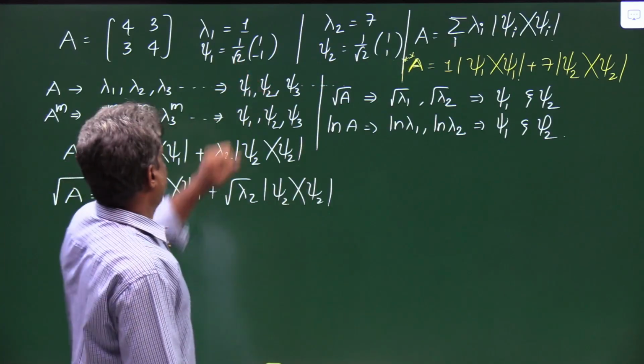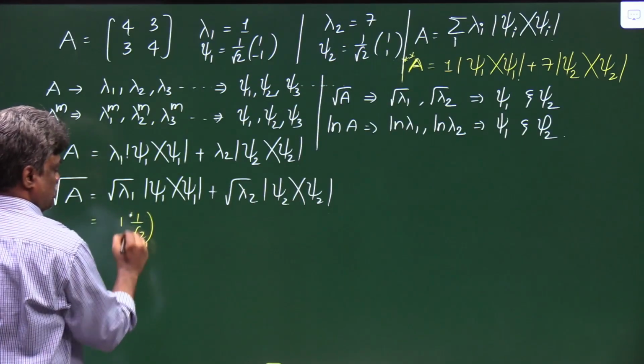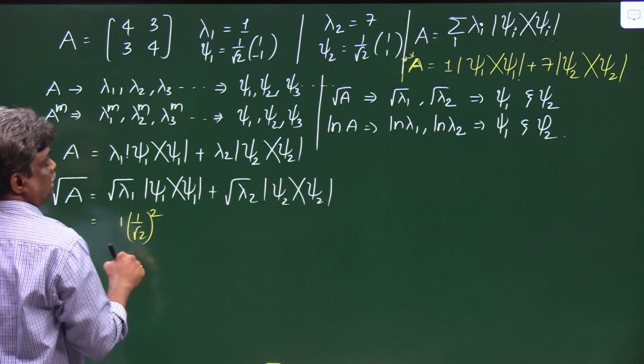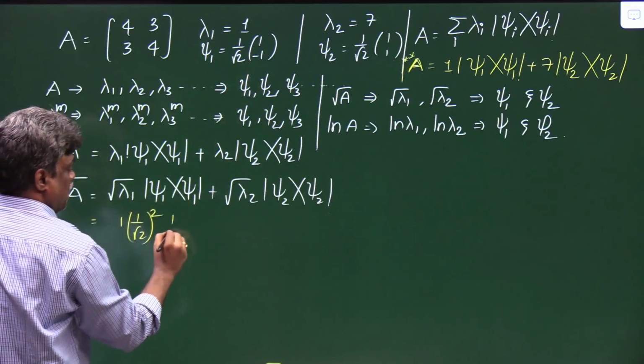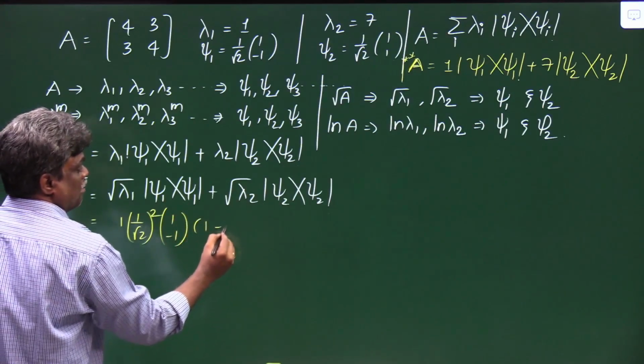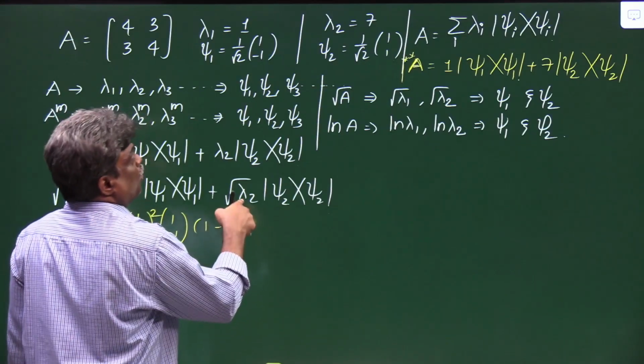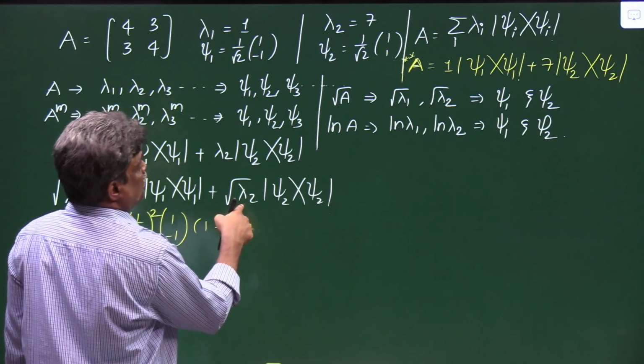This is my psi 1. It's a ket vector, 1 by root 2 whole square, because the ket and bra are there. So this is a 1 minus 1 column matrix, and this is the bra vector, 1 minus 1 row matrix, plus square root of lambda 2.